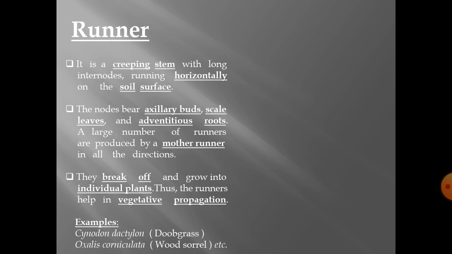Since runner is a weak stem and runs horizontally, wherever the nodes come in contact with soil, adventitious roots start coming out along with a number of runners and an aerial branch from the axillary bud present on the mother runner.